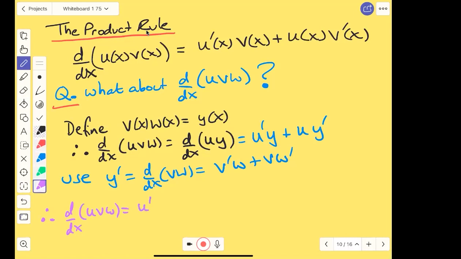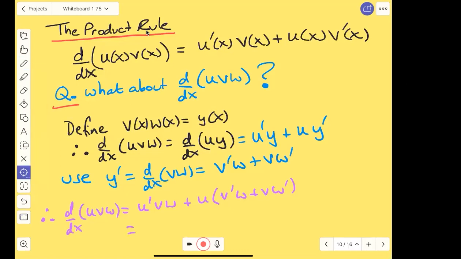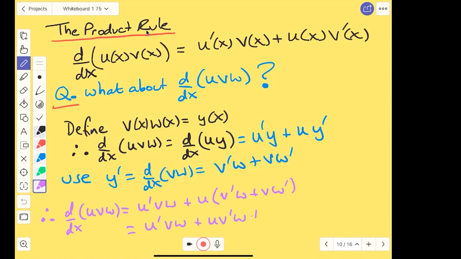So it's u derivative times vw plus u times, and now I'm opening brackets, the derivative of y, which is derivative of v times w plus v times the derivative of w. So let's expand the brackets here. And what we see is this very, very attractive result, that it's derivative of u times vw plus u times the derivative of v times w plus u times v times the derivative of w.